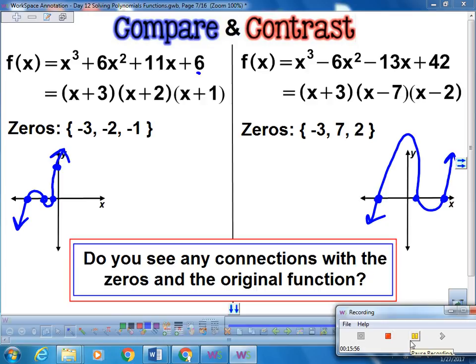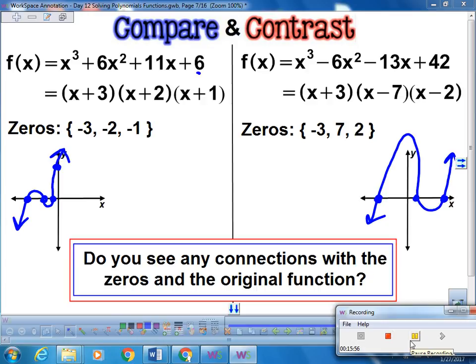I'm not going to say that's always going to happen, but I will tell you this. Well, it is always going to happen, right? I'm trying to think. To zero, you're right. But if I were to start from scratch and I didn't give you any zeros, you don't know what they are.